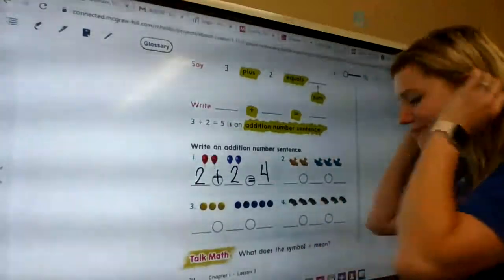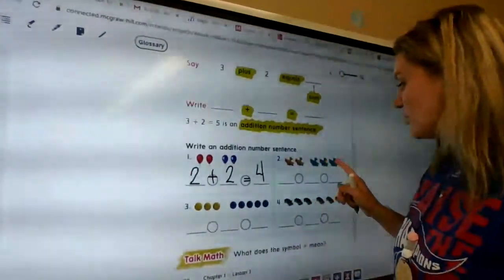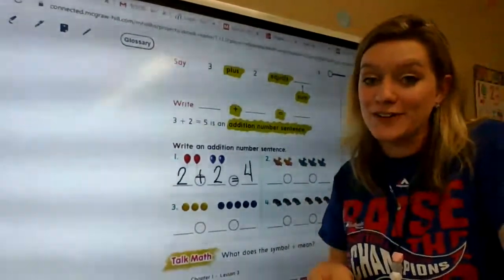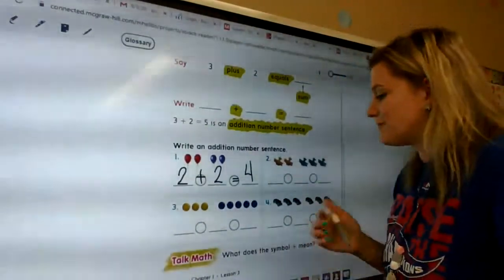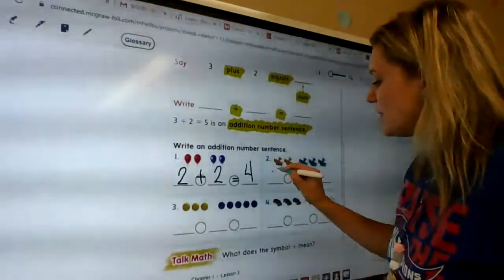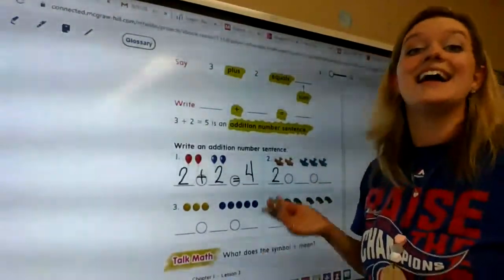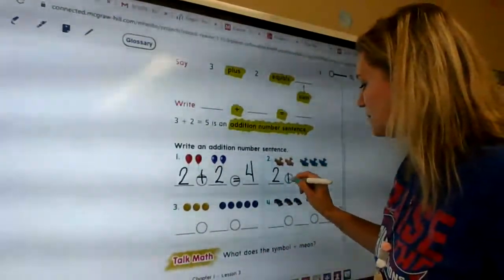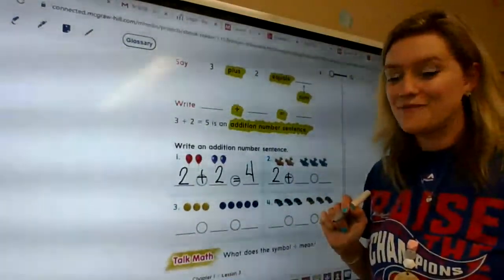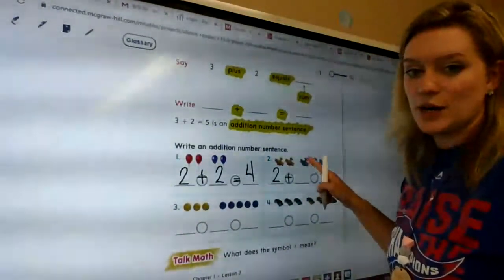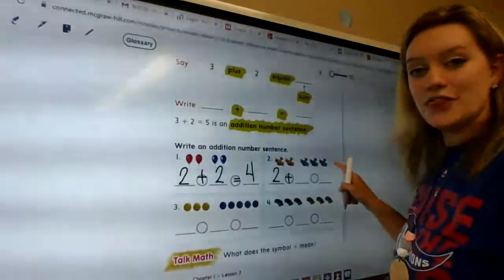Awesome. Now we're moving on to the next one, which is airplanes. I like airplanes. I don't know if you like airplanes, but I think they're pretty cool. I have 2 yellow airplanes, so I'm going to write the number 2. And am I adding again? Yes. So we need to put our plus sign right in the circle. How many blue planes are there? 1, 2, 3.